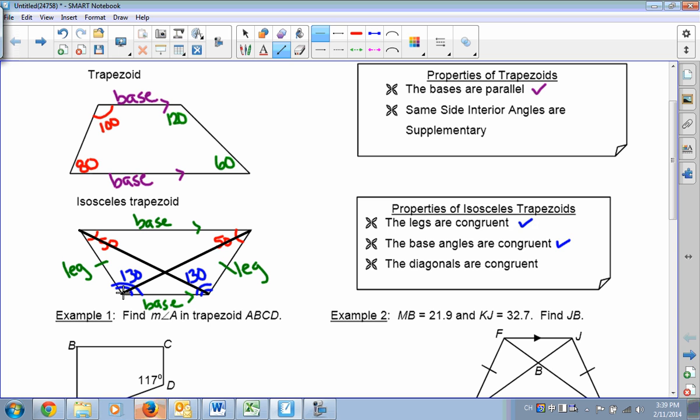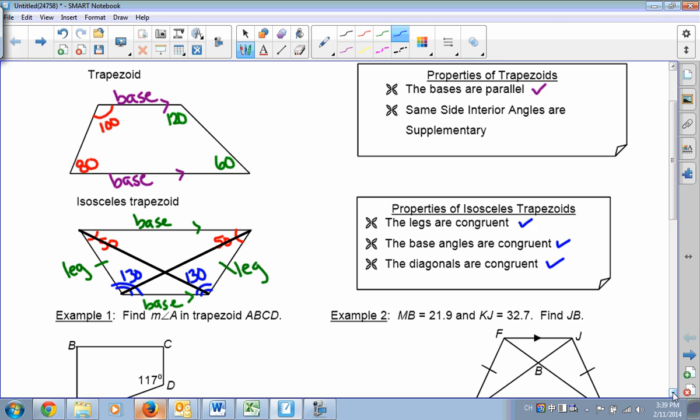So if this diagonal is 25 inches, then what would this diagonal be? 25. Same with the parts. So if this part right here was 20, then this part right here would also be 20. Then this part would be 5. This part would also be 5. Okay? So all parts of your diagonals would be congruent in an isosceles trapezoid.